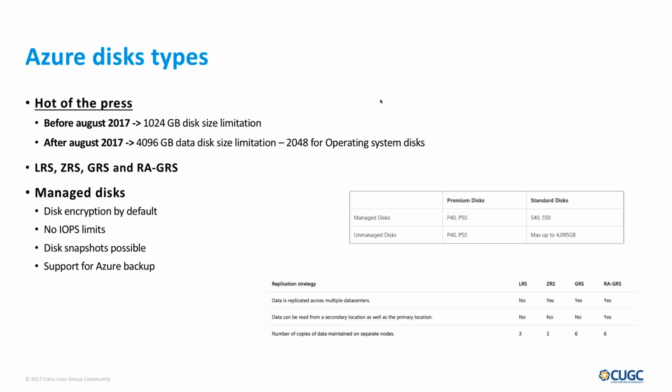Next to that, you can also activate different kinds of storage account related configurations. One of them is local replication, which means that you can replicate your data in your Azure data center 3 times.